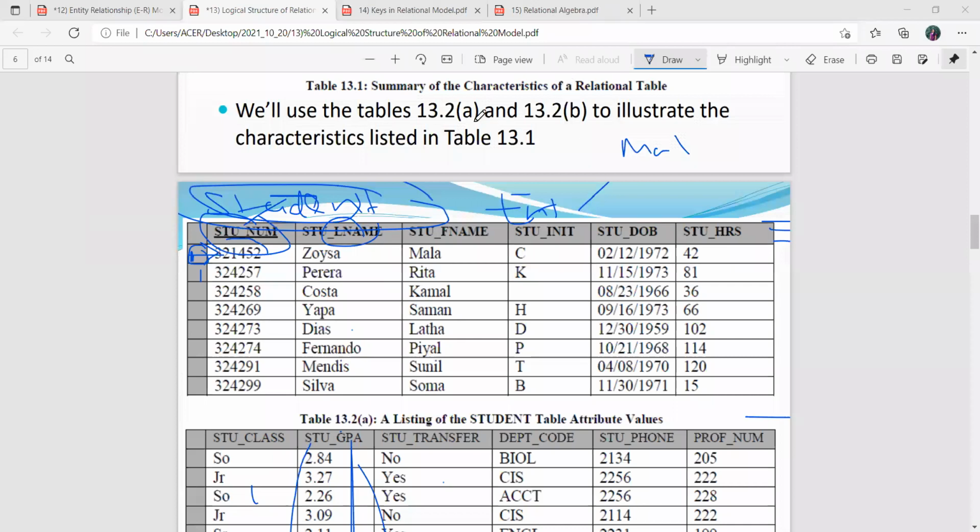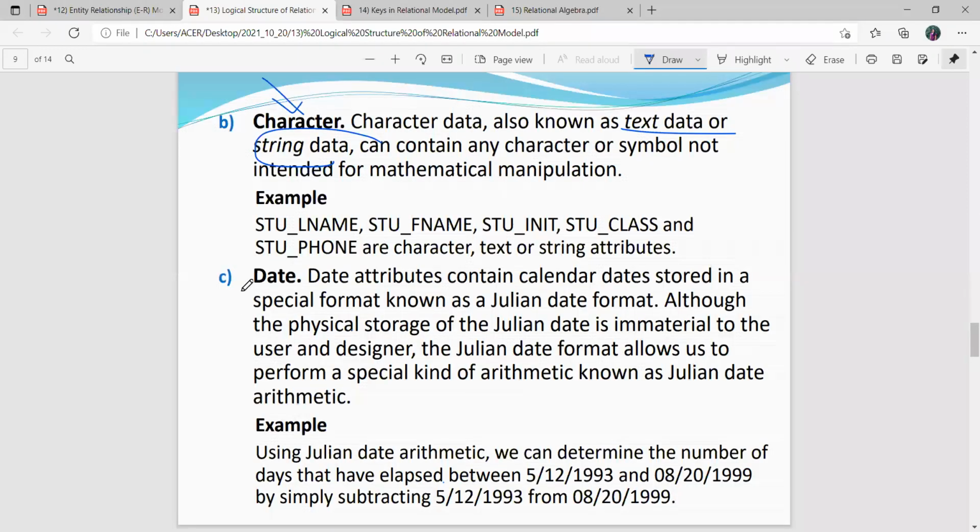Student initial, student last name, and first name belong to the character data type. Then there is another data type, the date. In this data type, we use a special format called the Julian date format, which allows special kinds of arithmetic on dates.